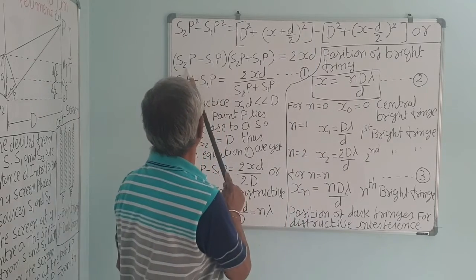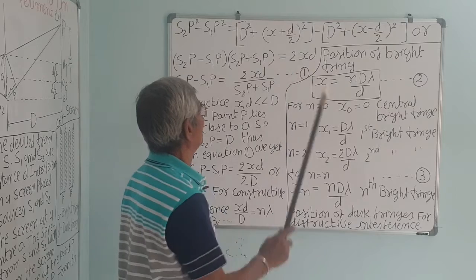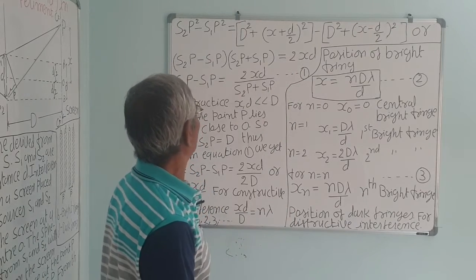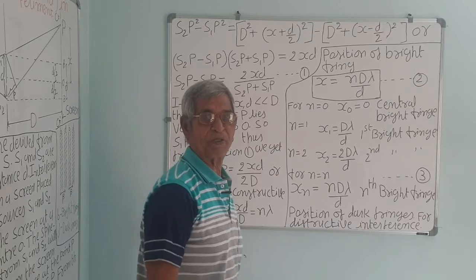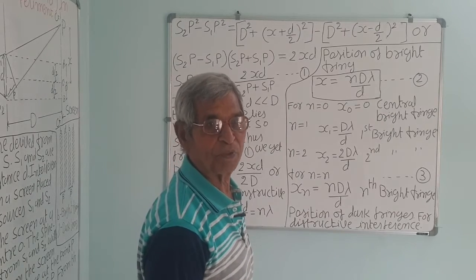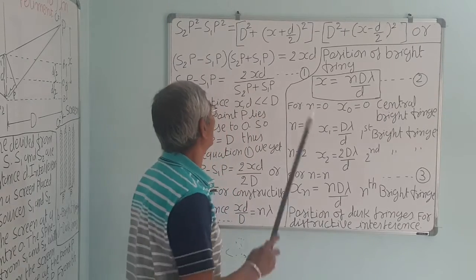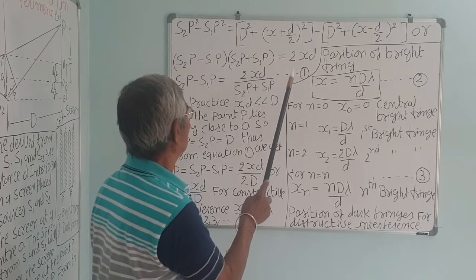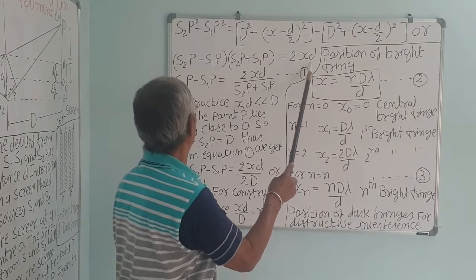So S2P minus S1P into S2P plus S1P is equal to 2xd.